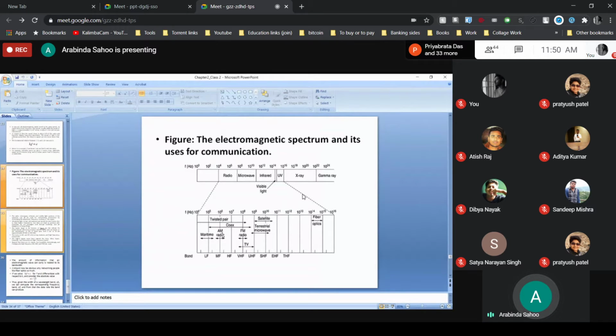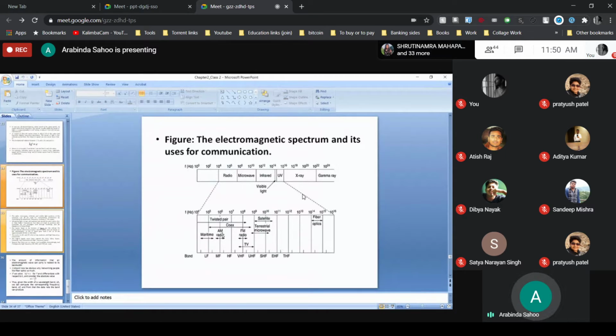The electromagnetic spectrum and its use for communication. So what frequency bands are they using? All the frequency bands have a different use depending upon the application.